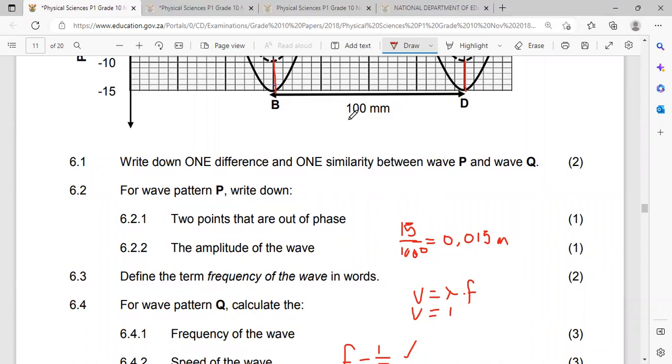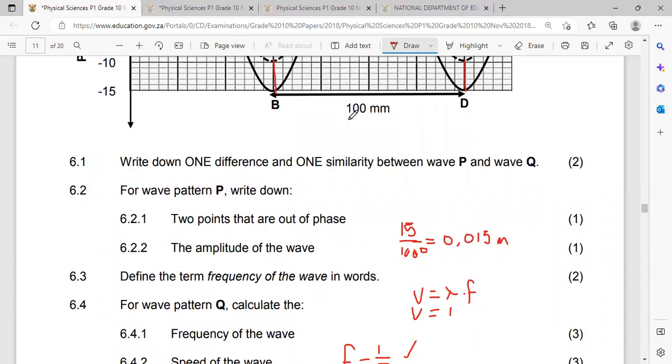Why couldn't we say distance over time? You can say distance over time for speed, but here it's a wave. We're not gonna say distance over time. We're gonna say wavelength divided by period. Okay.